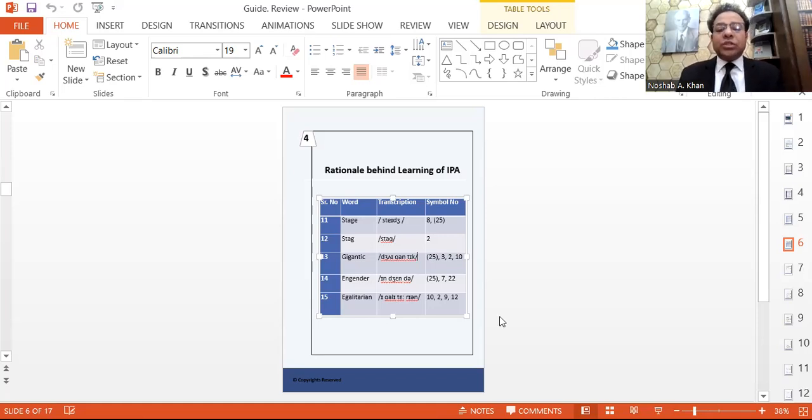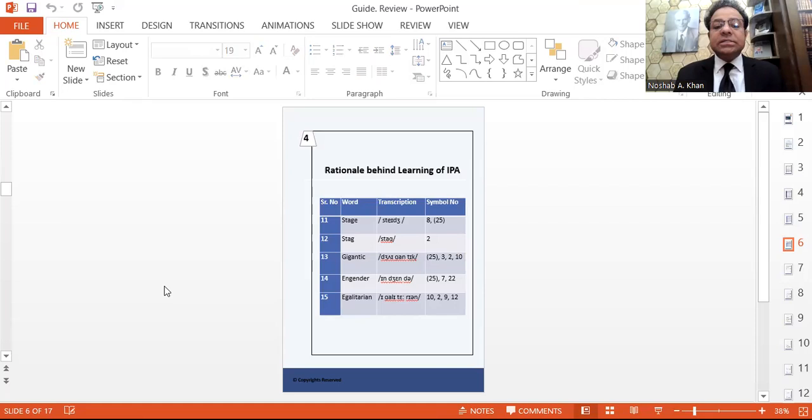With these words, I once again emphasize that on your own, please go through the keywords, the symbols, the sounds, and please bear in mind that we have 26 letters of the English alphabet, but there are more symbols than letters to represent those sounds.